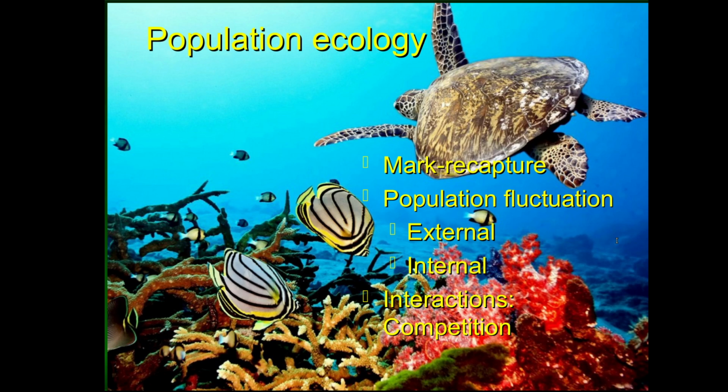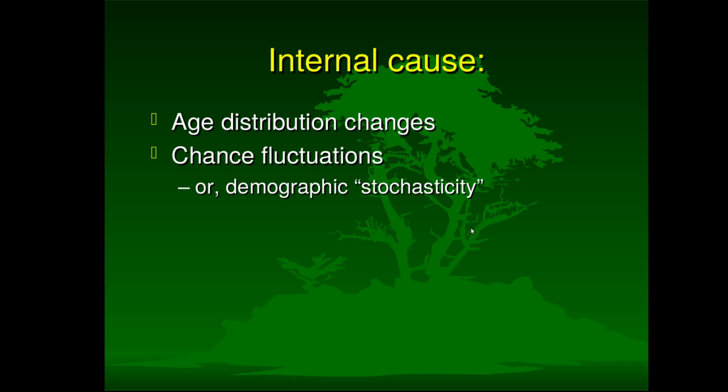Okay, continuing with population fluctuation and its causes, we're going to look at internal causes of fluctuation in population. So if the age distribution changes, then the population size will fluctuate simply due to that effect.